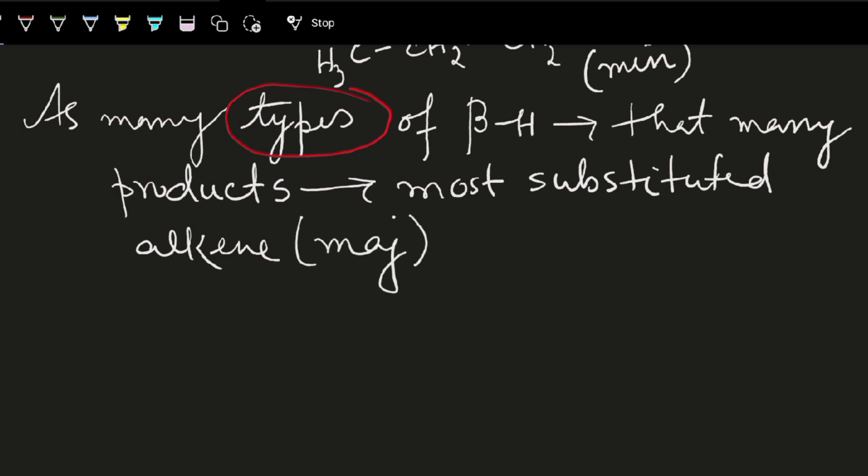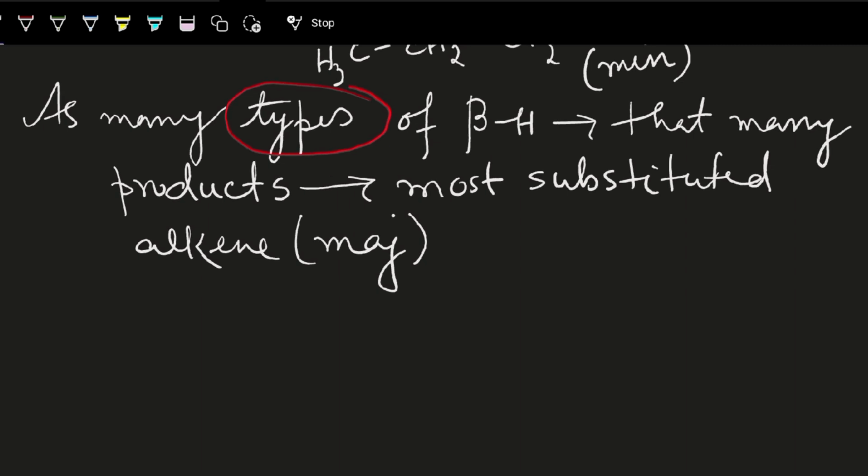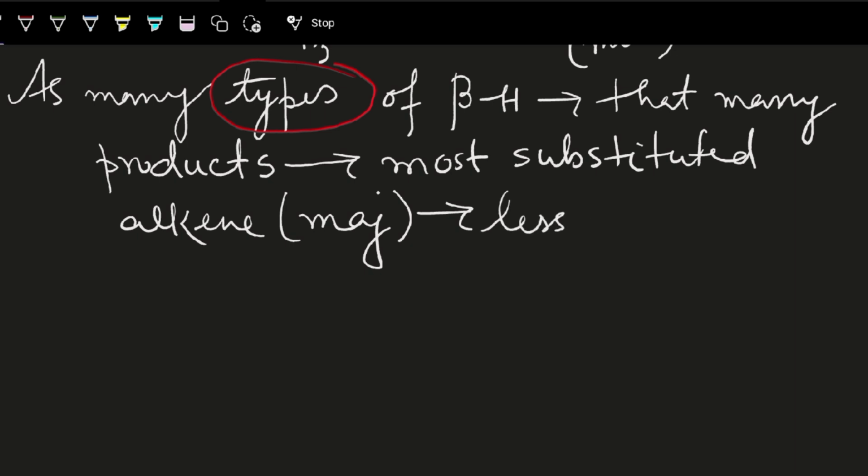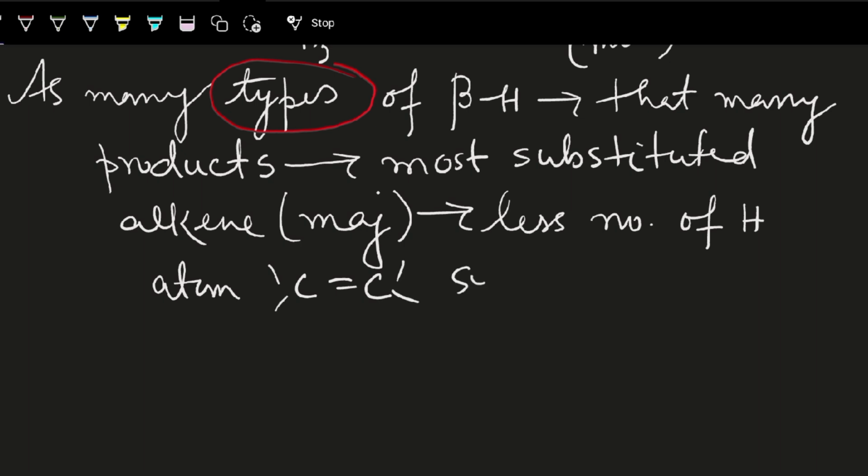And next the question arises, how do we know which is the most substituted alkene? Now the most substituted alkene will be the one having less number of hydrogen atom in the C double bonded C system. This is as per a rule which is known as Saytzeff's rule.